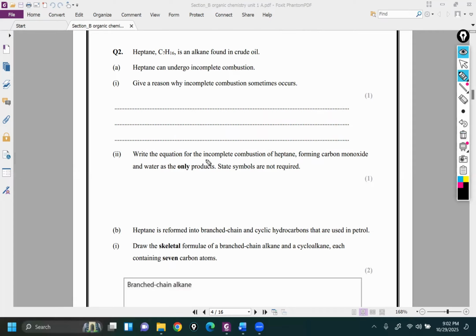Write the equation for the incomplete combustion of heptane forming carbon monoxide and water, the only products. So they made it very easy. So you can say C7H16. Now this is incomplete combustion. Combustion means burning in air, burning in oxygen. So plus O2. And now we will get only carbon monoxide and water.